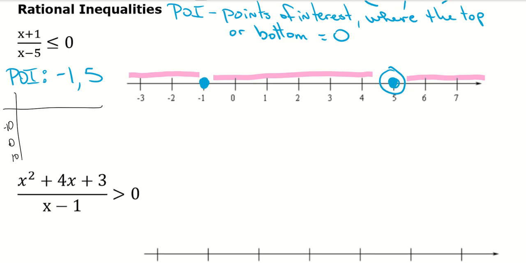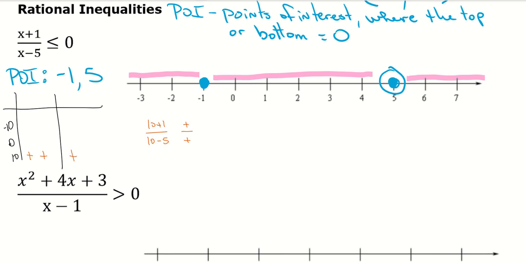So if I go in and plug in 10 plus 1 over 10 minus 5. Well, the top is positive, the bottom is positive, positive over positive gives me a positive.